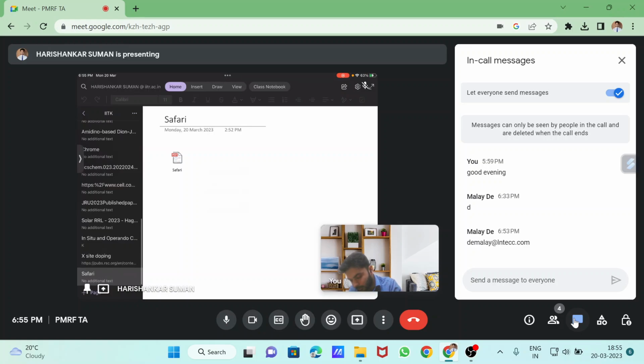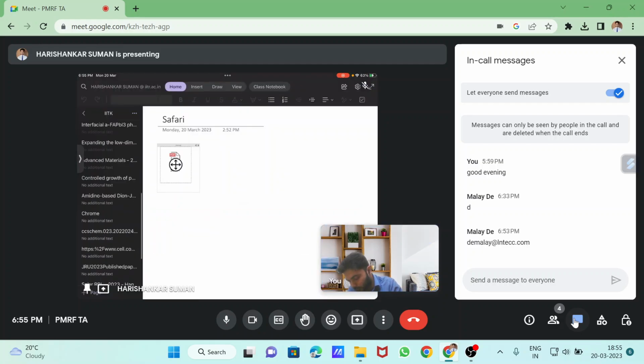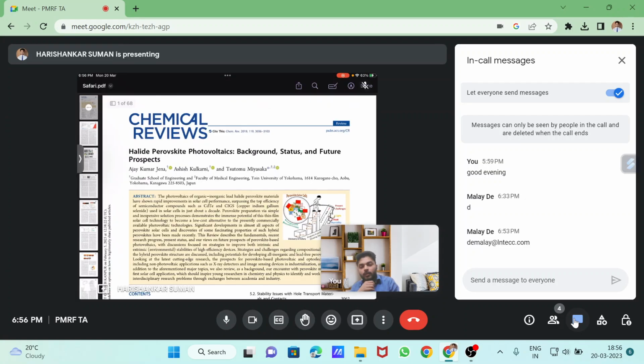Are you able to see this literature? Halide perovskite photovoltaics: background, status and future perspectives. This is a good review.